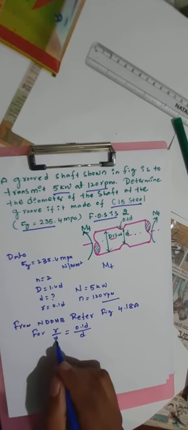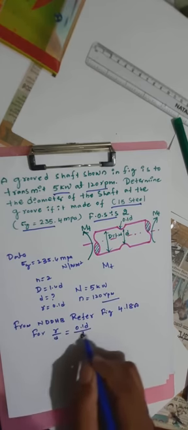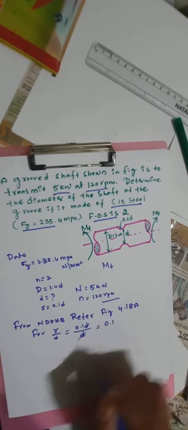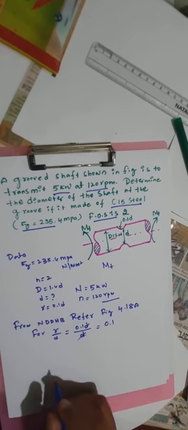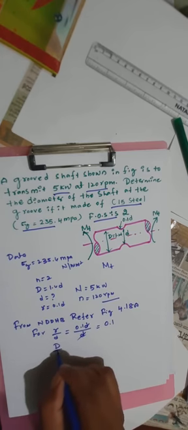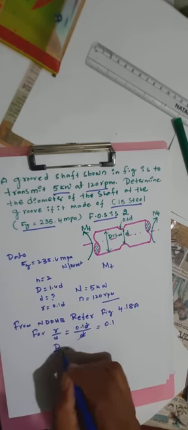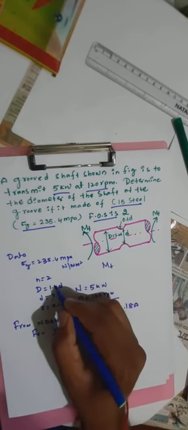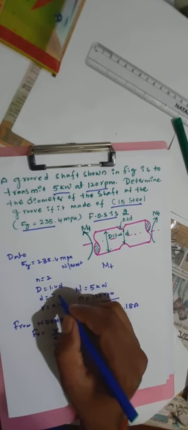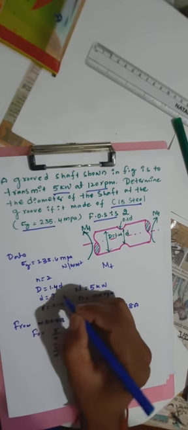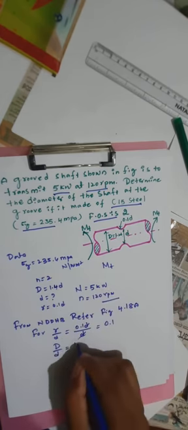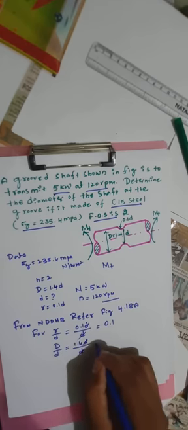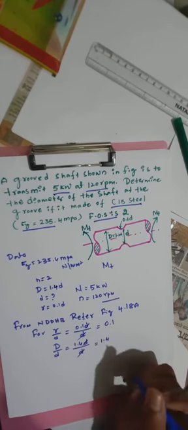Since d we don't know, d gets cancelled, so the r by d ratio is 0.1. In the same way, for the D by d ratio, capital D is 1.4 times small d, so 1.4 d divided by d, d gets cancelled, and the D by d ratio is 1.4.